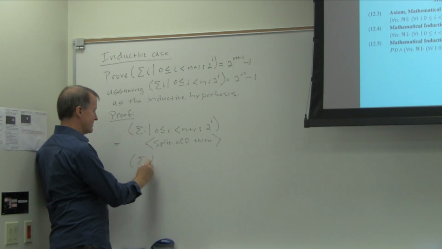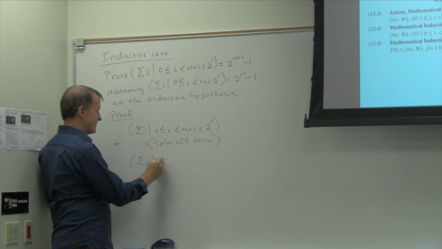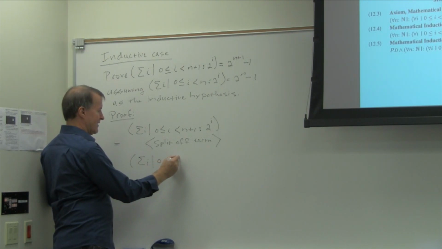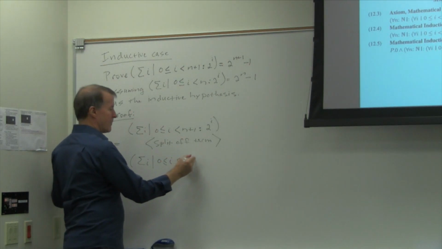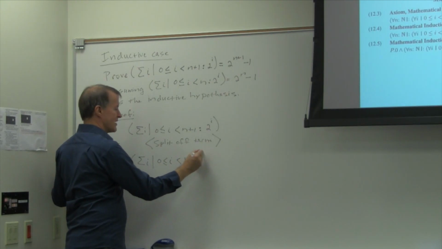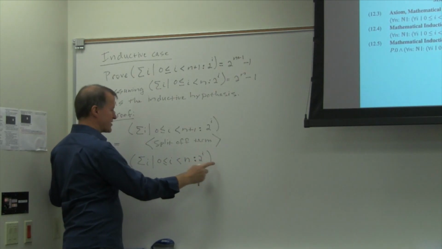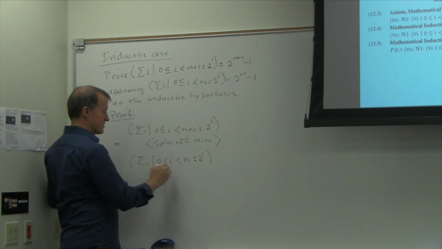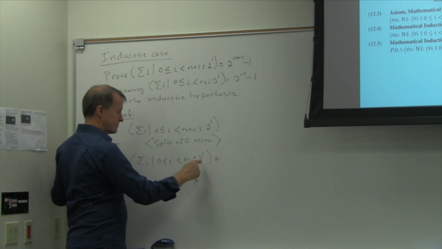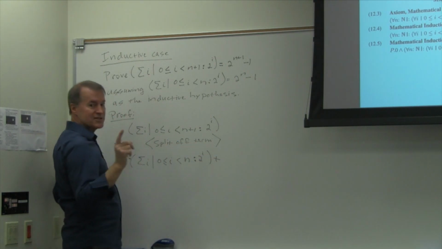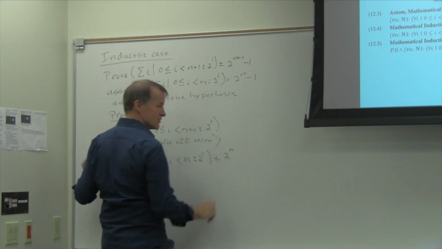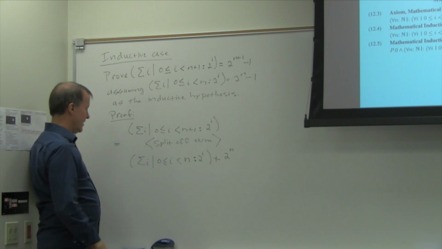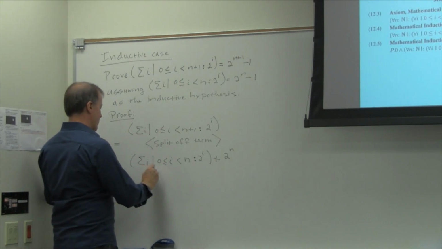Sum on i, this time it's less than n because we're going to split off the term. Body 2 to the i, and now what's the operation? Plus. And the last one that got split off was 2 to the n. Is everybody clear on that? Plus 2 to the n. Then you do inductive cases. And then this equals by the inductive hypothesis.